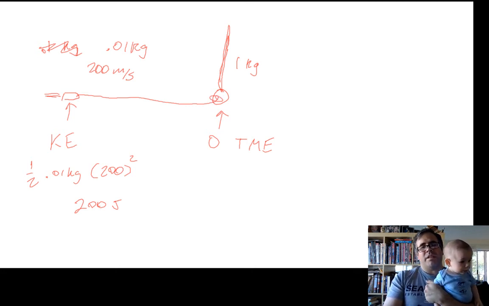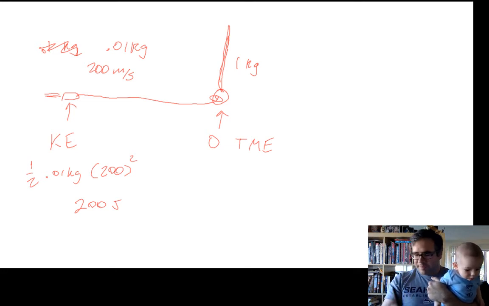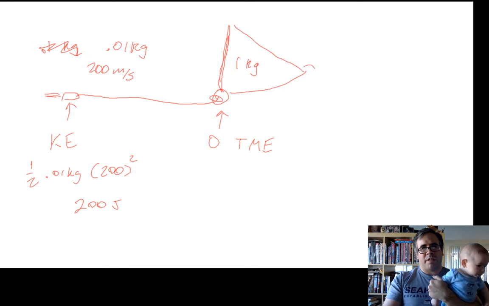If it sticks in, all that kinetic energy becomes possessed by this pendulum system. A common question is how high is this pendulum going to go? Well, if it's going to its maximum height, all of this kinetic energy has been changed into potential energy.